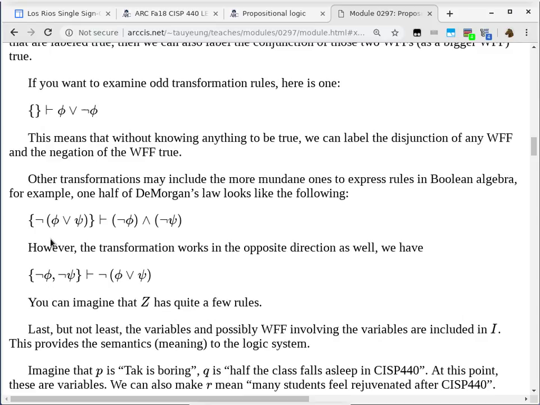One is phi and the other one is psi. If you can give me a well-formed formula like this that is known to be true, then I can infer that this expression is also true. This is a conjunction. It's not a typo. And then we apply the negation to the individual components of the disjunction. It's known as De Morgan's law.